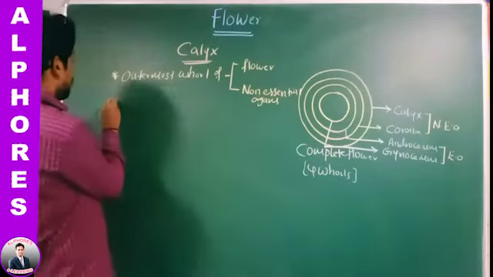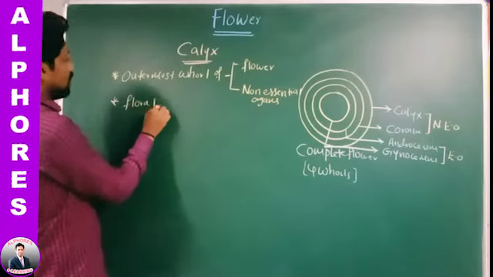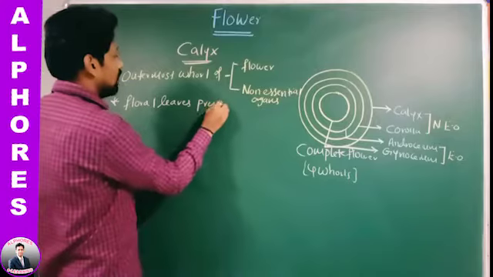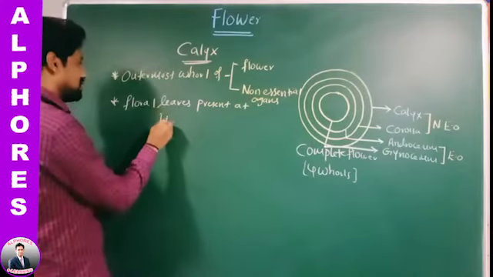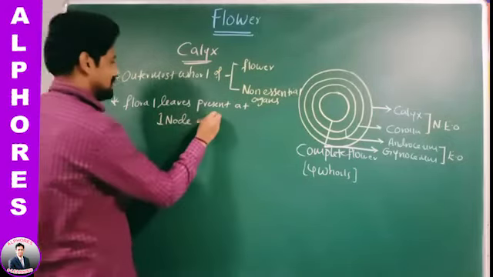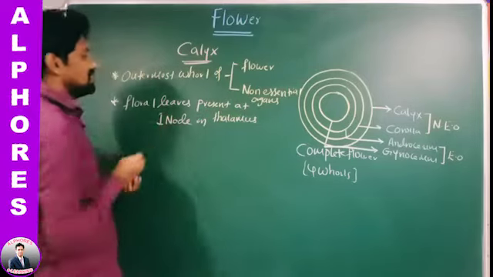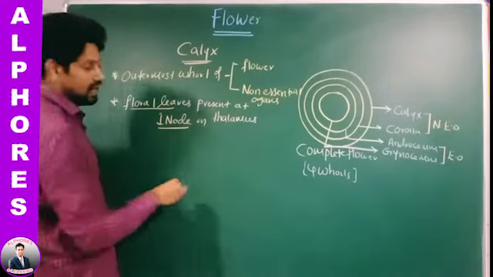Calyx, floral leaves present at the first node on the thalamus.